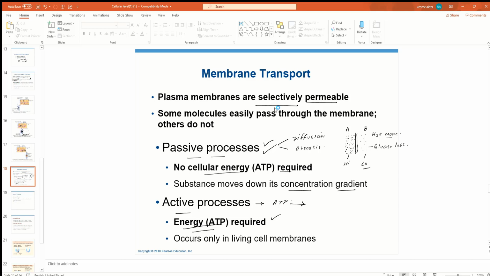That's why it is low concentration. And this one is high concentration because water is less, but glucose or solute is more. So glucose is more on this side, right? And water is less.